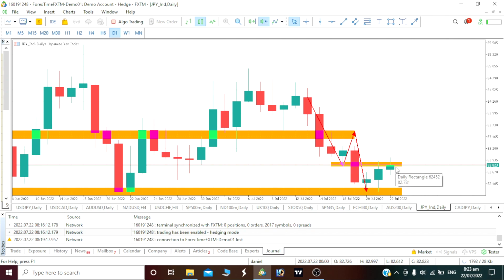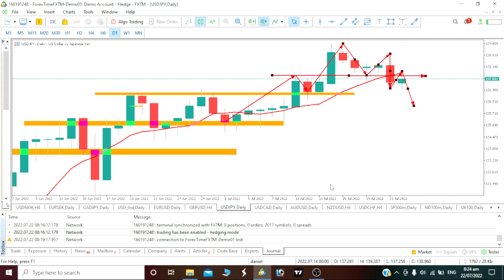And on the USD index, we are aiming for a fall, while our JPY index is giving us that bullish move. It is very easy to analyze that our USD JPY is on a downward move. So exactly, we should be looking to short this position.